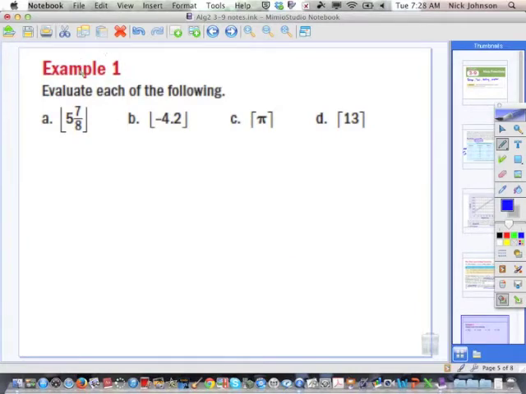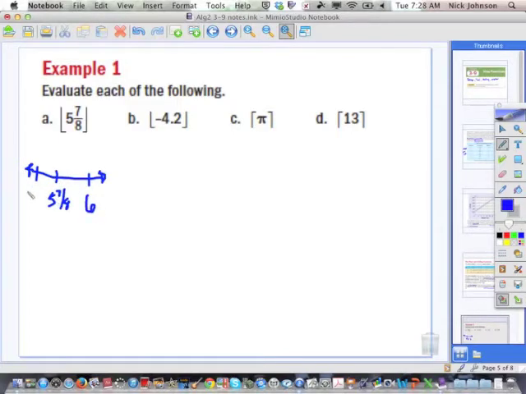Example 1 says, evaluate each of the following. What can help you is making a number line. Here is 5 and 7/8. What also helps is to put the next integers to the right and to the left of this number. The next integer to the right is 6.